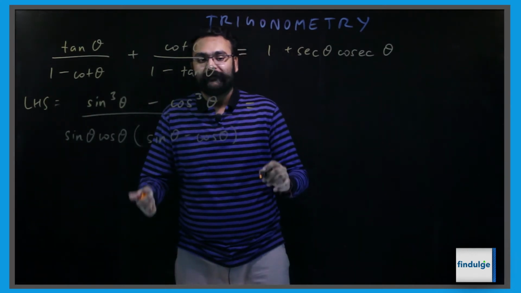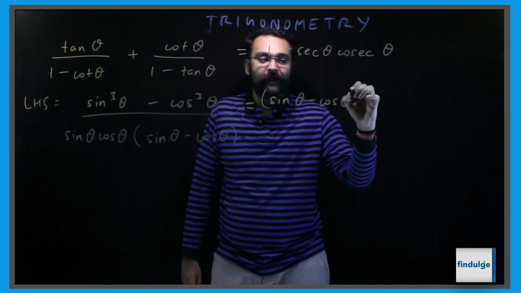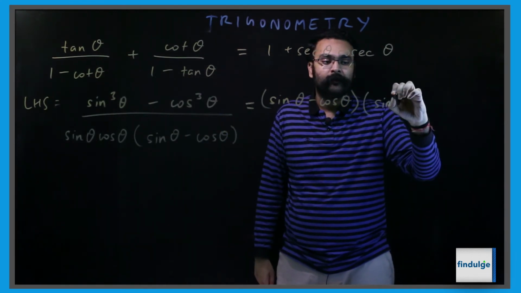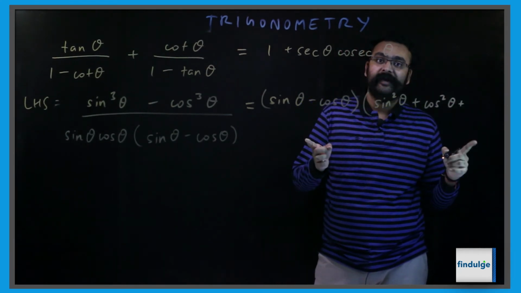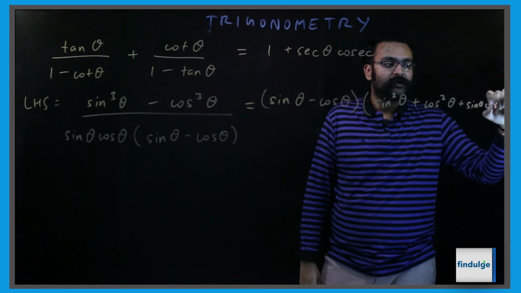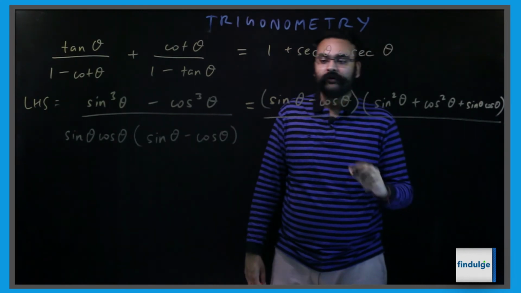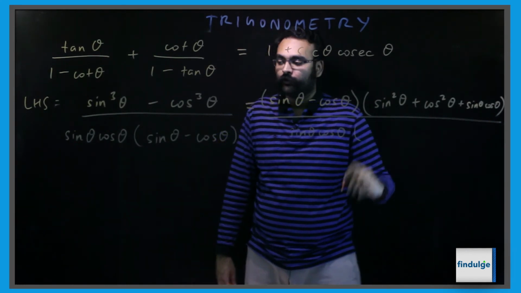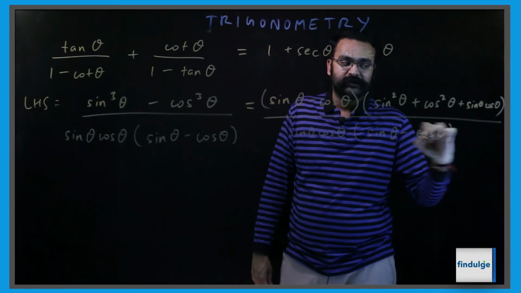So that means sine theta minus cos theta, a minus b, into a square plus b square plus ab, not 2ab, which is just sine theta cos theta, upon, of course, sine theta cos theta into sine theta minus cos theta.